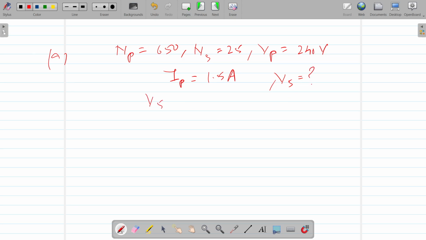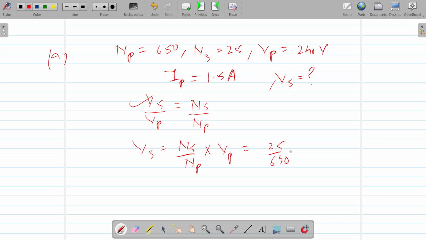So we know that Vs by Vp is equal to number of turns in secondary by the number of turns in primary. आपको ये calculate करना है, तो Vs is equal to number of turns in secondary over number of turns in primary into the potential, the voltage of the primary coil. And it is 25 over 650, sorry, 650 into 240.